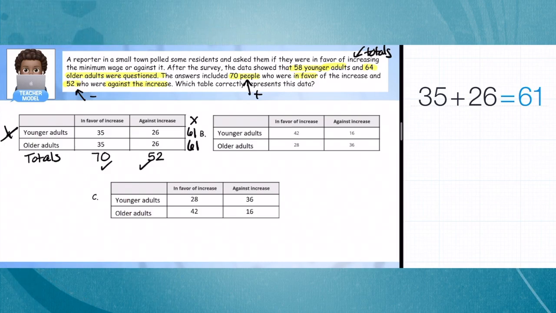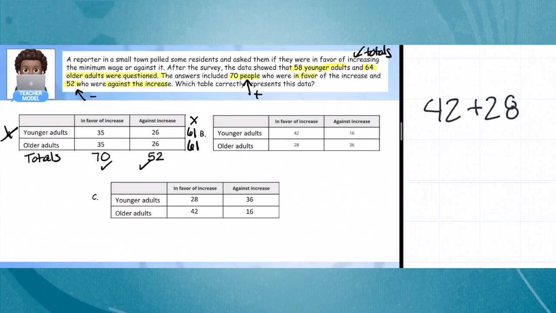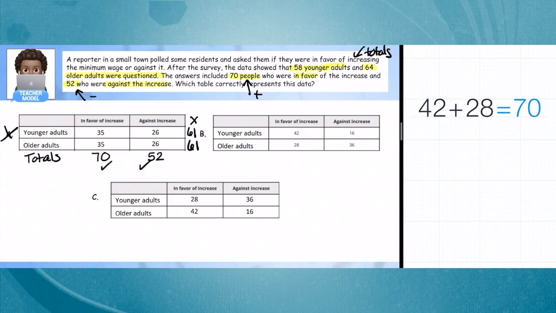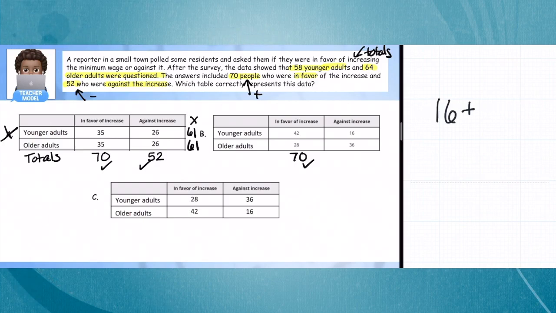Okay, so we're going to do the same thing with E. We're going to add going down on the bottom part, and I'm going to use again my calculator for speed. So I'm going to add 42 and 28. I get 70. So that's correct. And 16 plus 36 is 52.